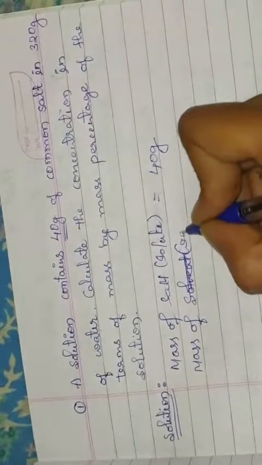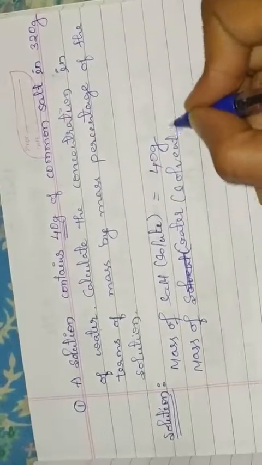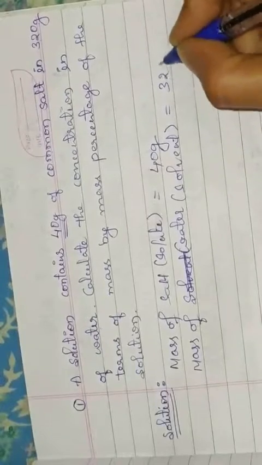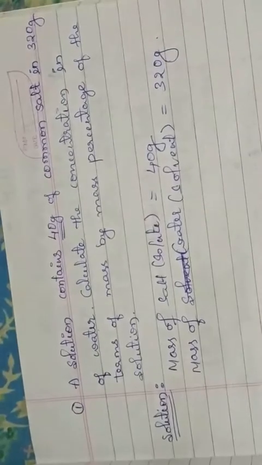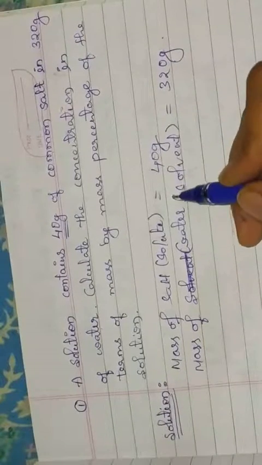Water is the solvent, and the mass of water is 320 grams. So solute and solvent are both expressed in terms of mass.